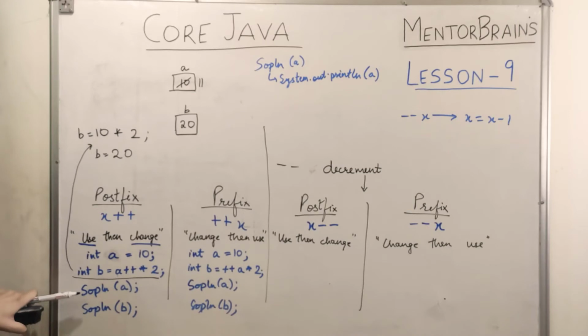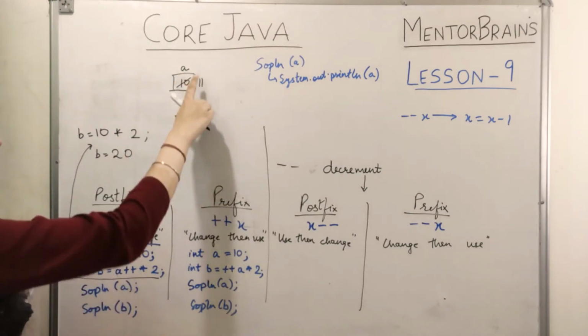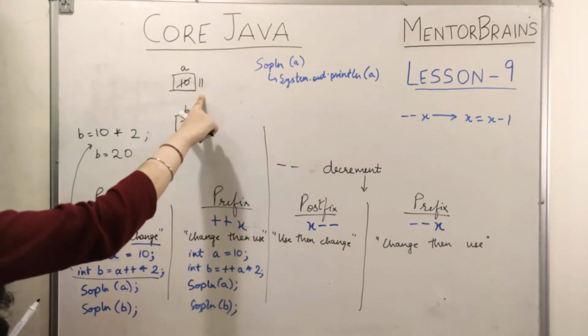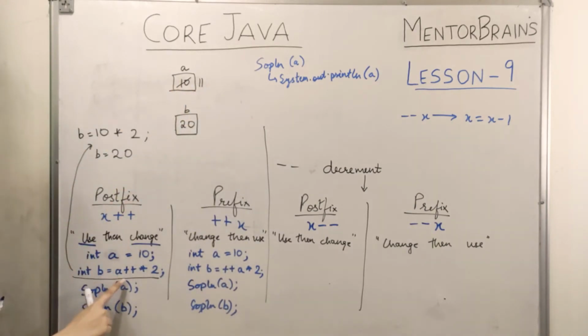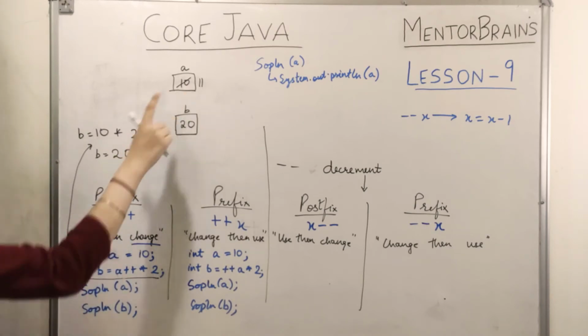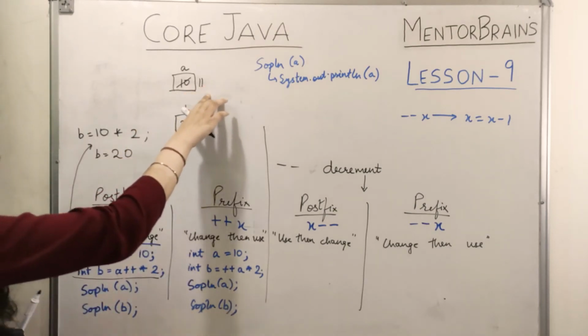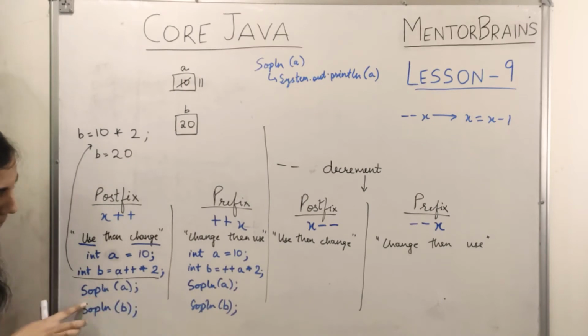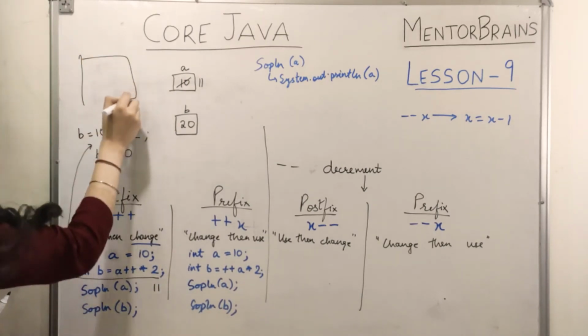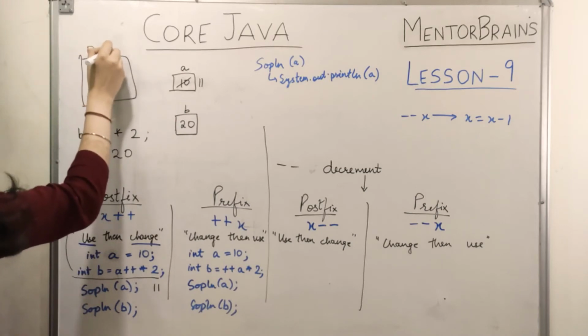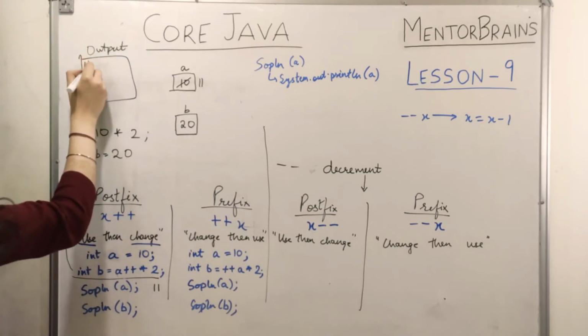So this is executed. Now coming to this line, SOPLN a, the printing of a. The value in a is 11, not 10, because it was incremented when I used a plus plus. The value 10 was used here, and in the memory it was changed to 11. So in my output window, the result would first be 11.